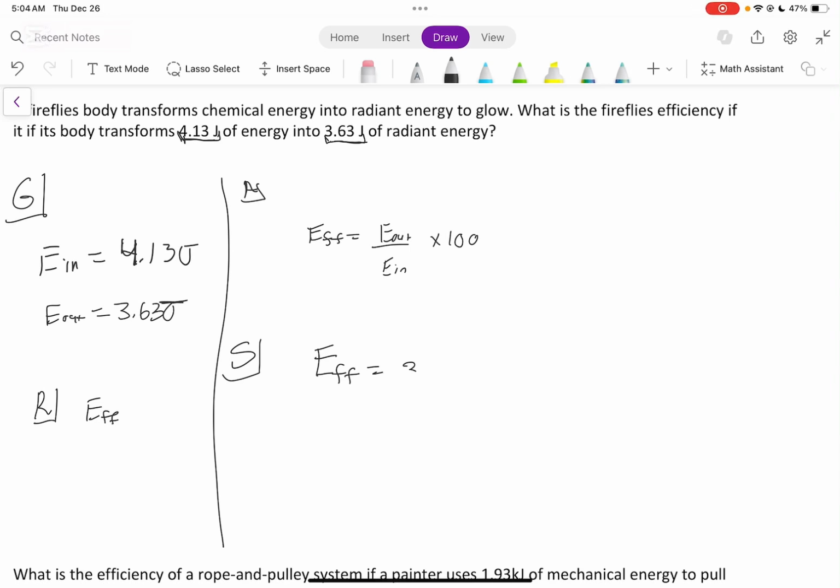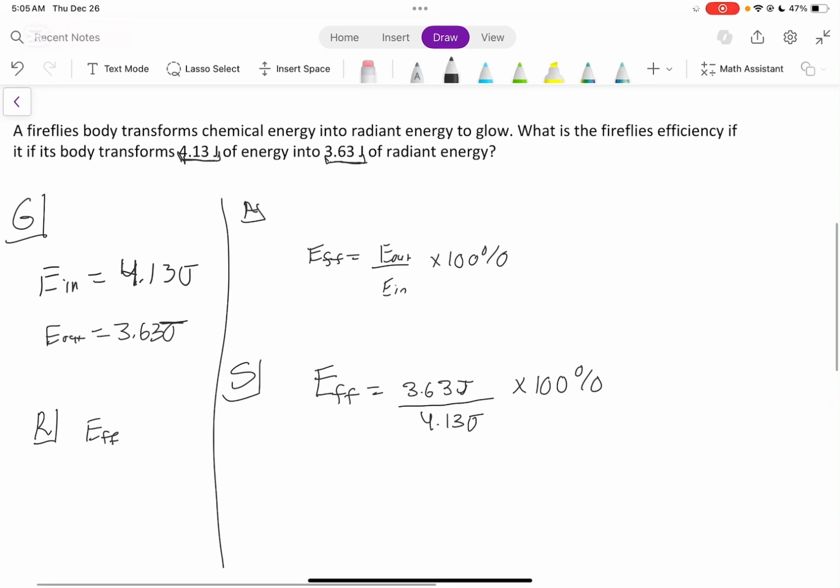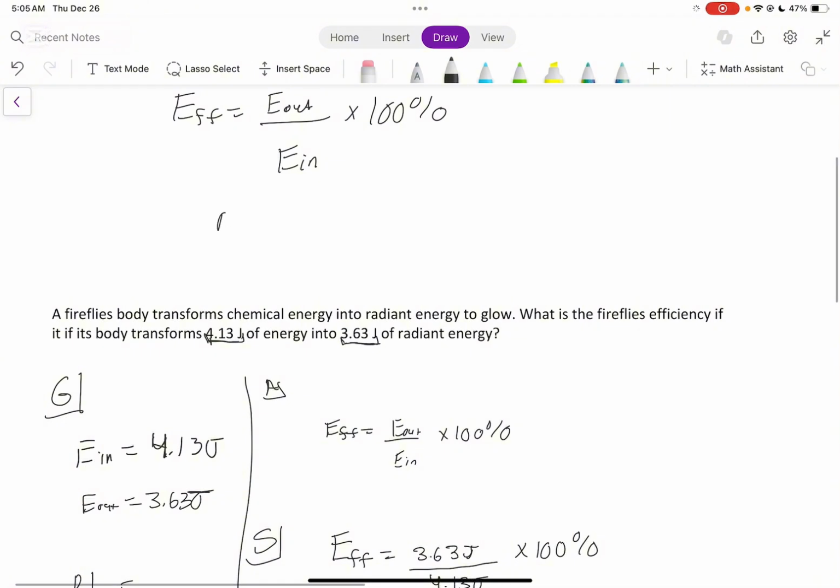So our E out is 3.63 joules divided by our E in, 4.13 joules, and multiply that by 100%, because efficiency is always a percentage. We don't really have units for efficiency because it's a percentage. So up here you can also write there's no units for efficiency. It's a percentage.